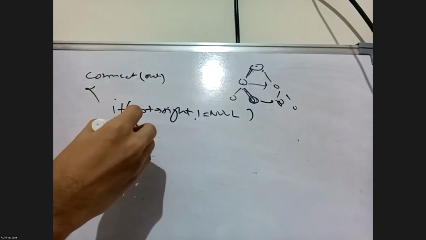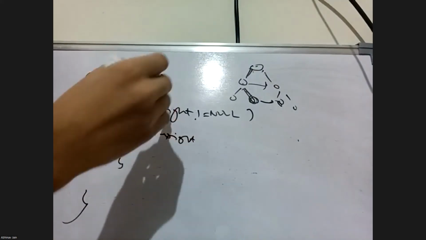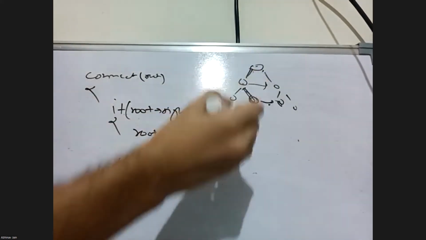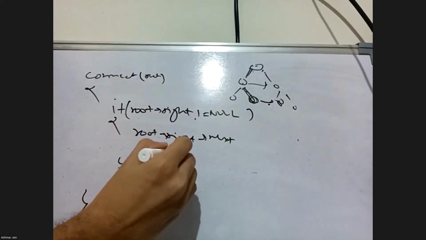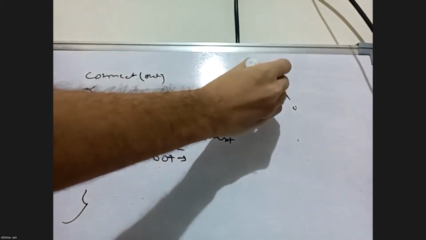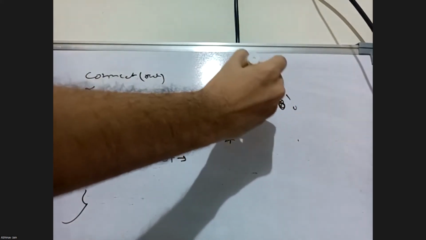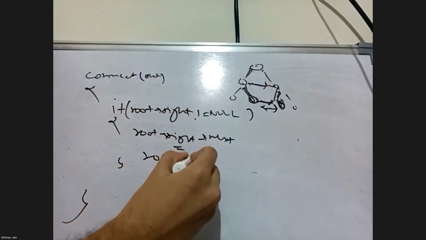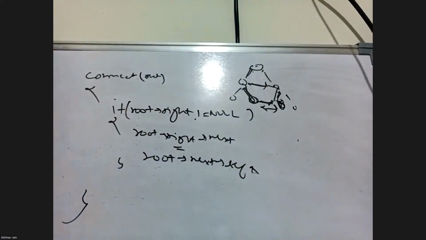So bear with me. Root's right next should be equal to root's next left. This thing. Root's right next. This thing. So we're talking about this. Root's next left. Simple as that.